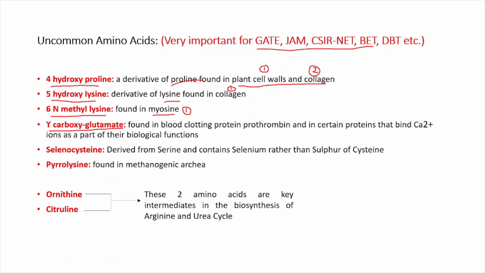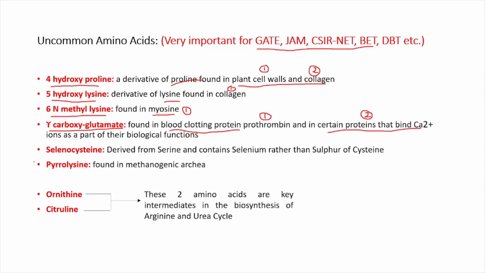This is a derivative of glutamate, as you can figure out from the name, and it is found in the blood clotting protein prothrombin, and in certain other proteins that bind calcium ions as part of their biological function. So there are certain other proteins which need calcium ions for proper function, and this derivatized amino acid is also found in those proteins.